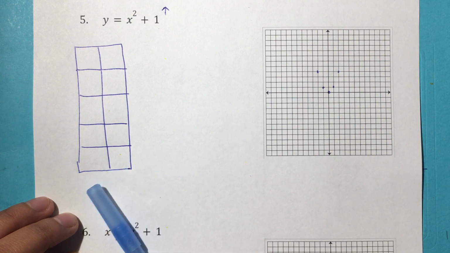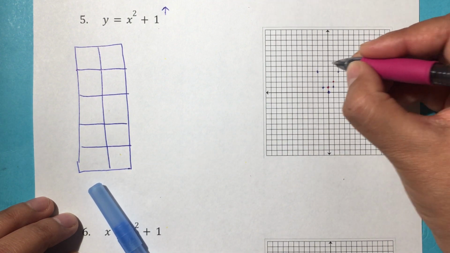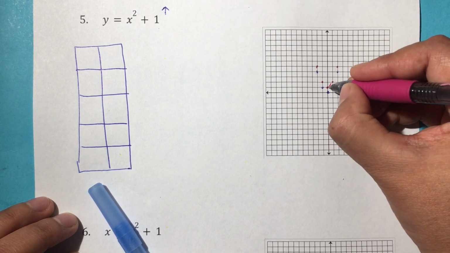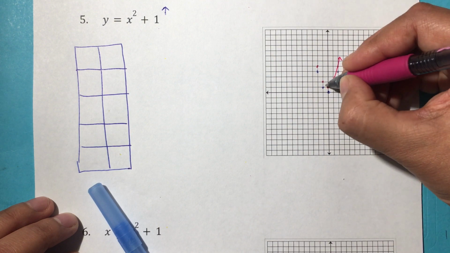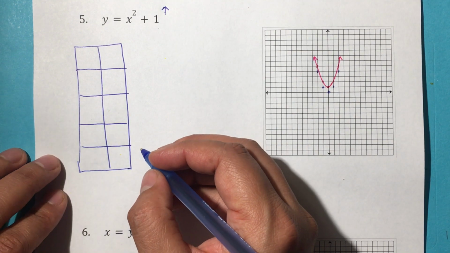So all you would have to do is basically just move each point 1 space up. This was going 1 up, 1 up, and that's it if you wanted to do the transformation. But let's do it by plotting points.